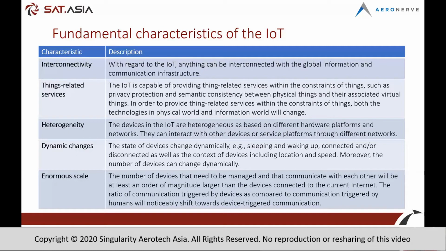For example, location or speed. Okay, I'll give you one example. An IoT sensor can give you, say, data at any intervals. At the same time, they can also give you data at certain events.